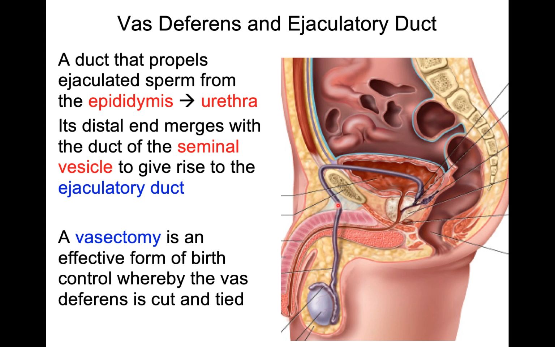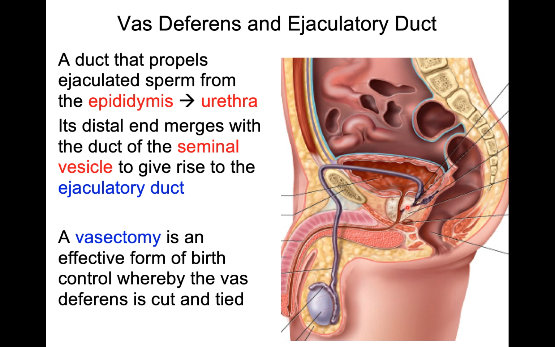I want you to take notice of the terms that I'm using. Notice that I use the word semen when talking about this region, but I'm using the word sperm to talk about this region. Sperm is literally just a sperm cell. So testes make sperm, store them in the epididymis, and the sperm shoots out of the vas deferens and goes into the ejaculatory duct.